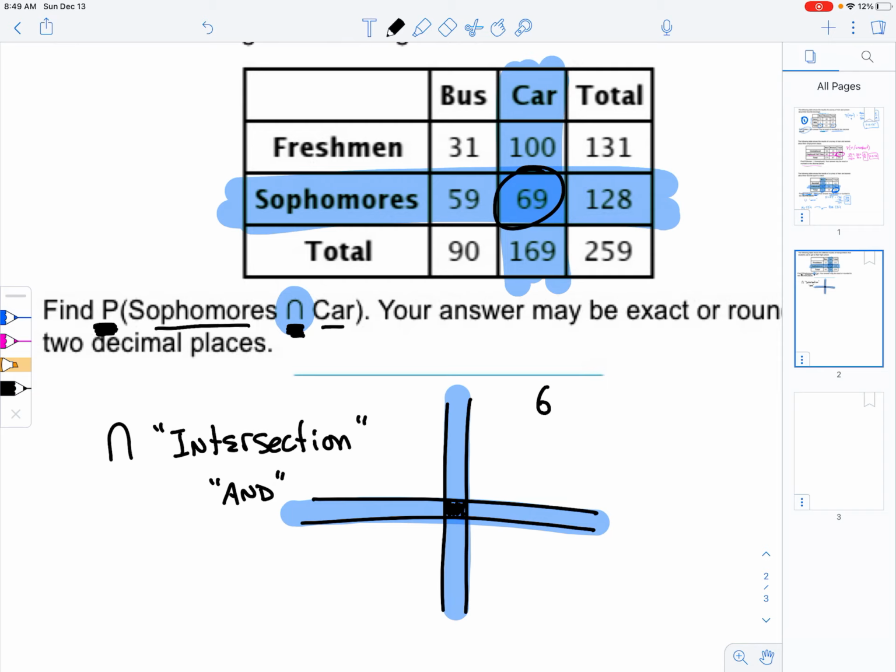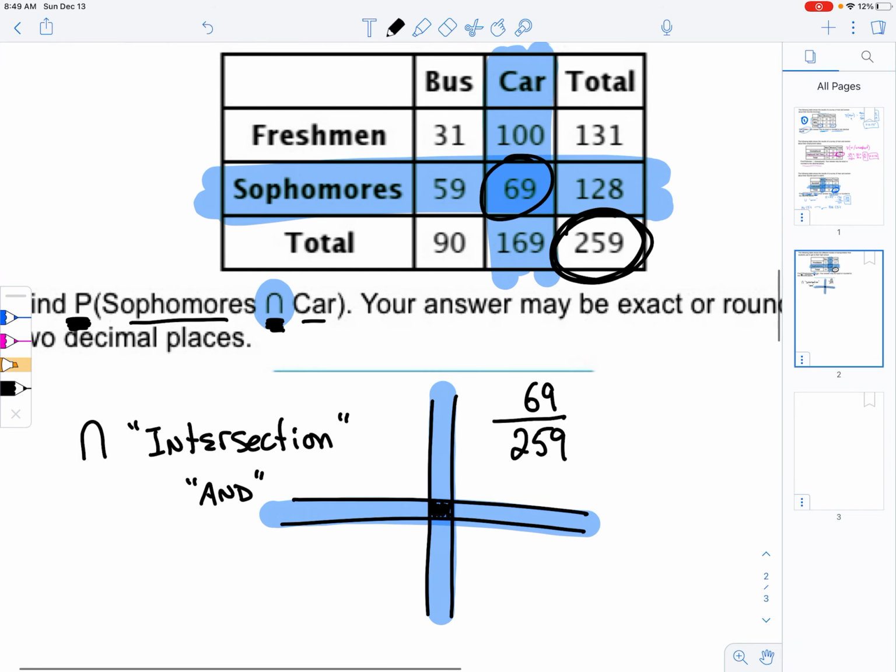There's 69 of these people out of the total 259. And as before, you can take this on as a simplification problem. I've got to be honest, even as a teacher, I'm not sure I'm excited about trying to simplify 69 over 259. I'm sure I could do it, but this one doesn't seem real easy to me.